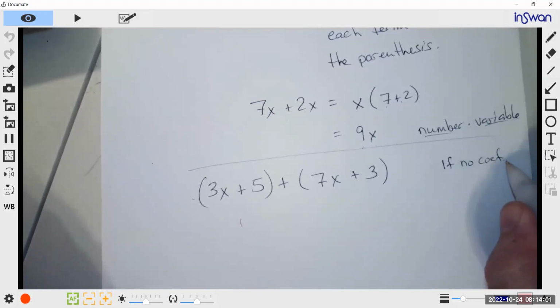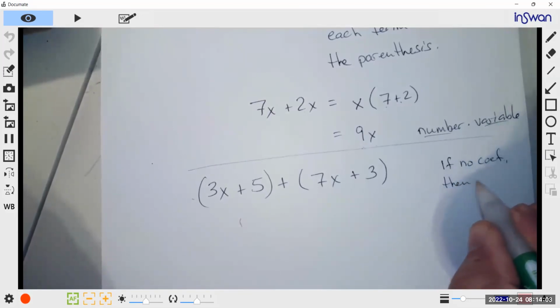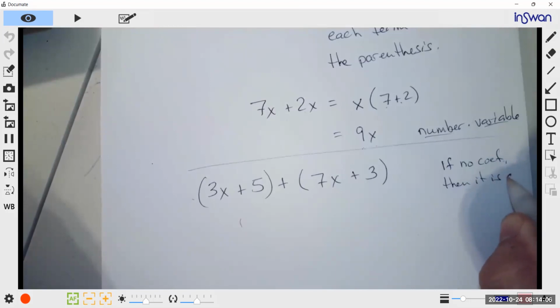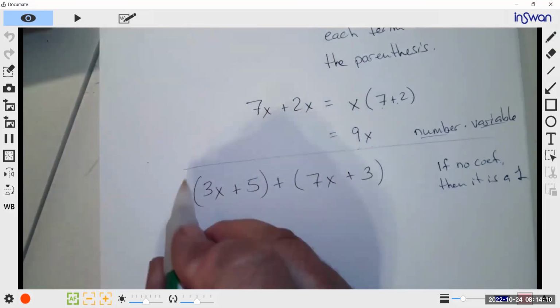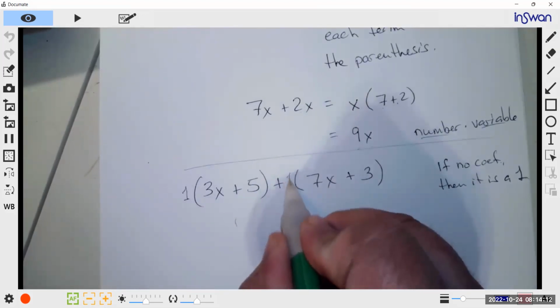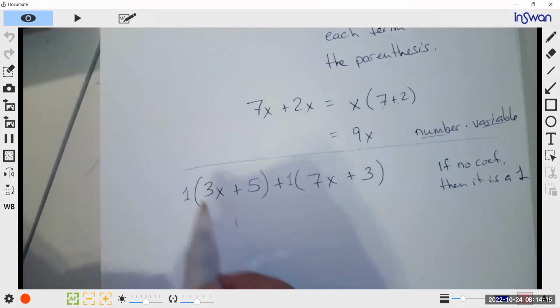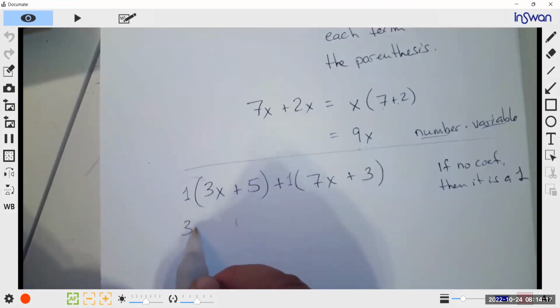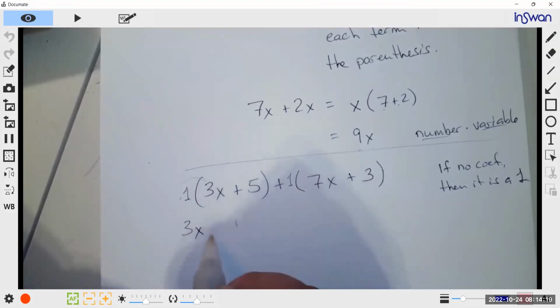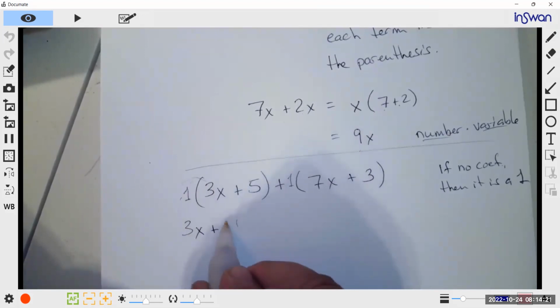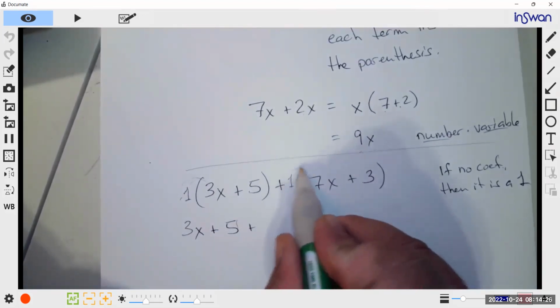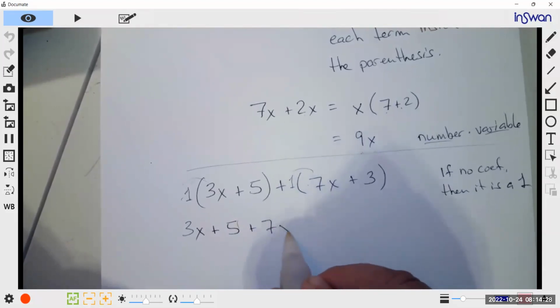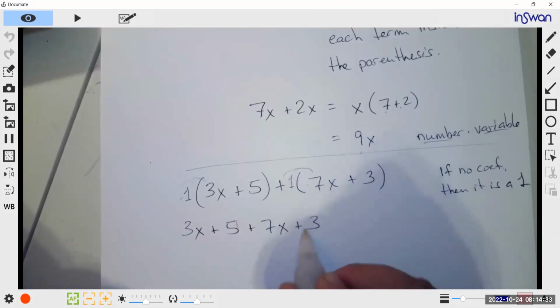If no coefficient, then it is a 1. So both of these have an invisible 1 in front. So 1 times 3 is 3x. Positive times positive is positive. 1 times 5 is 5. 1 times 7 is 7x. 1 times 3 is 3.